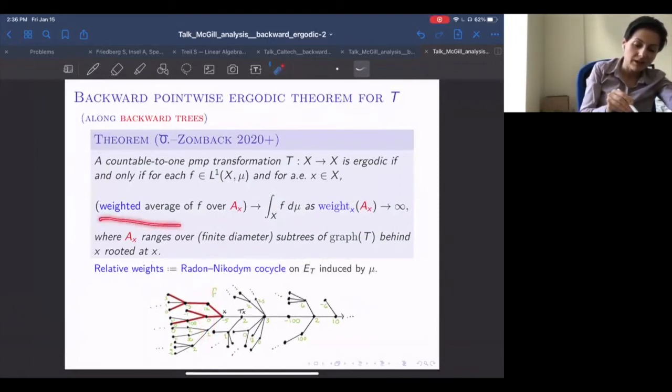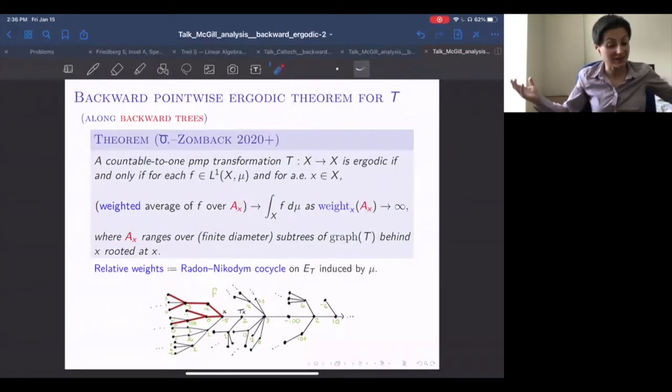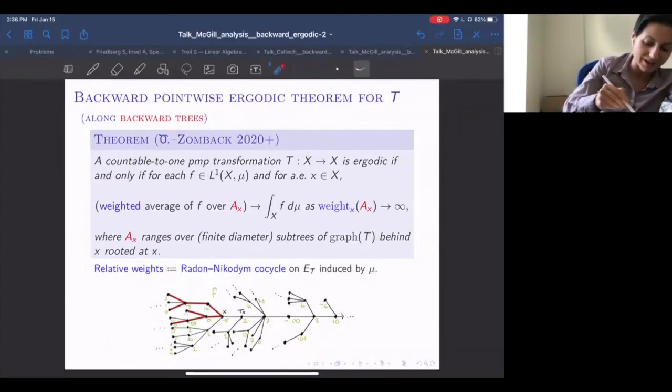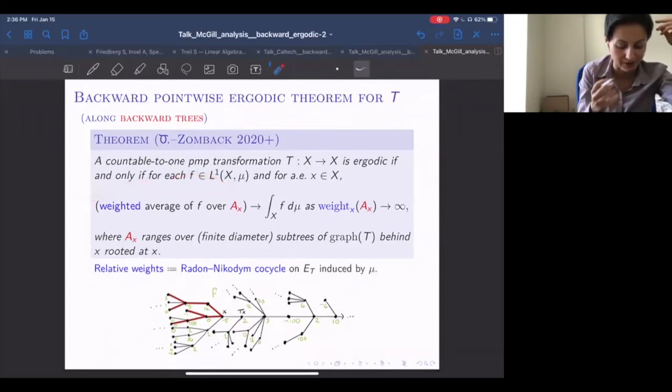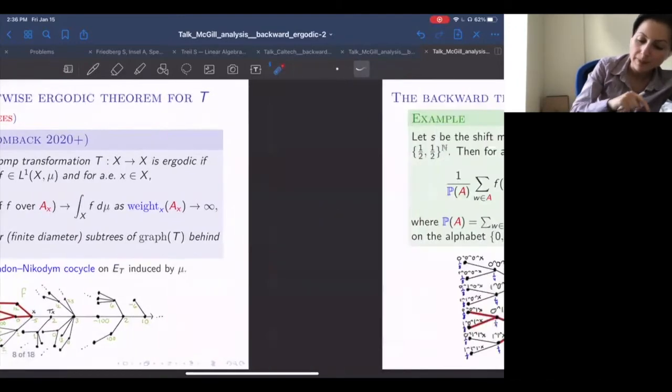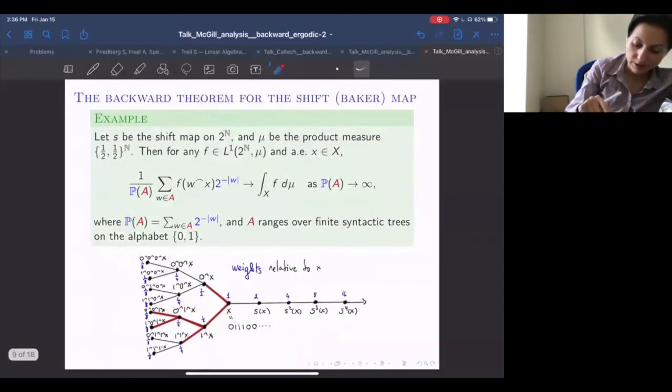What I'm considering here is not an iterative sequence, it's a directed class of trees. So there is no possible way that a single transformation would give you an ergodic theorem like this. At least I can't think of an operator theoretic formulation of this, so you have to stick to this combinatorial picture. Okay, this was the example.